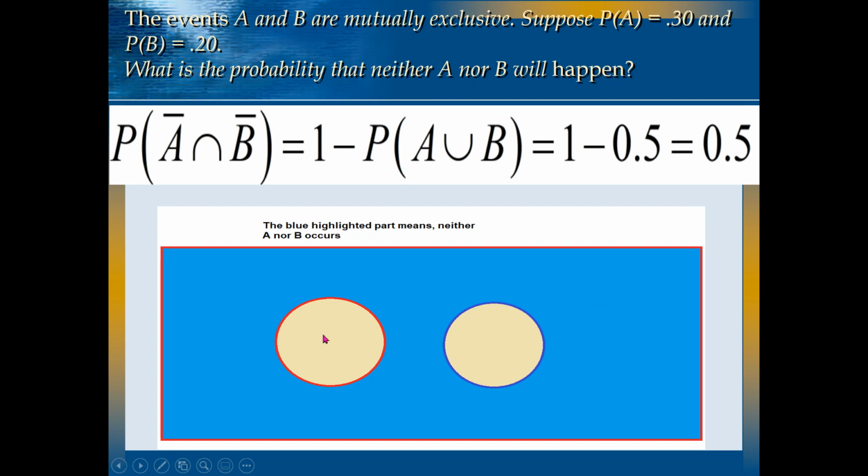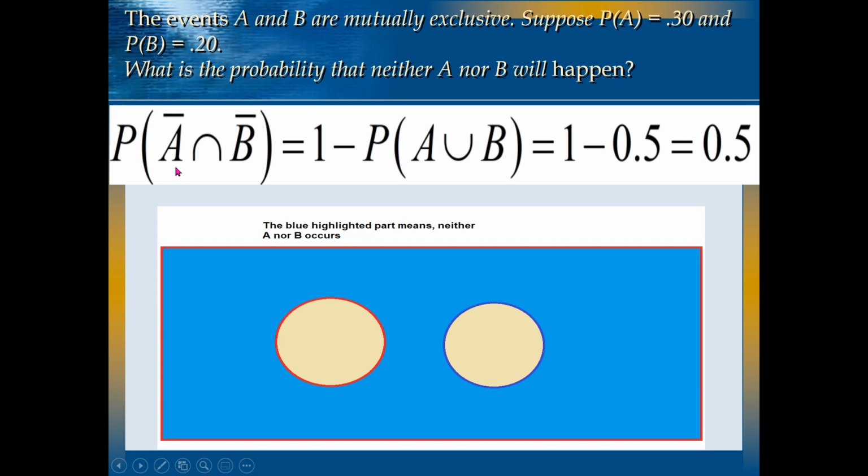So the shaded blue area in this diagram, where the complete rectangle is the sample space, meets the condition that neither A occurs nor B occurs. So we want to find the probability of A complement and B complement. What is this area? A complement means A does not occur and B complement means B does not occur.